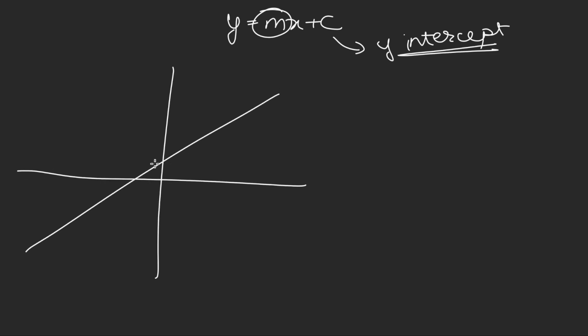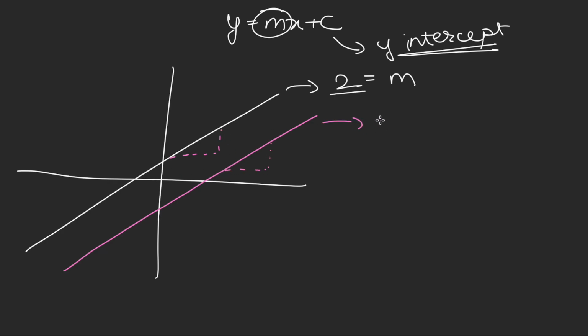If this is my line, and say the slope of this line is 2, okay, 2 is equal to m. If I make another line, can this have the same slope as well, which means that my rise upon run can be made here as well. This can also have m is equal to 2. So how do I uniquely identify a line?